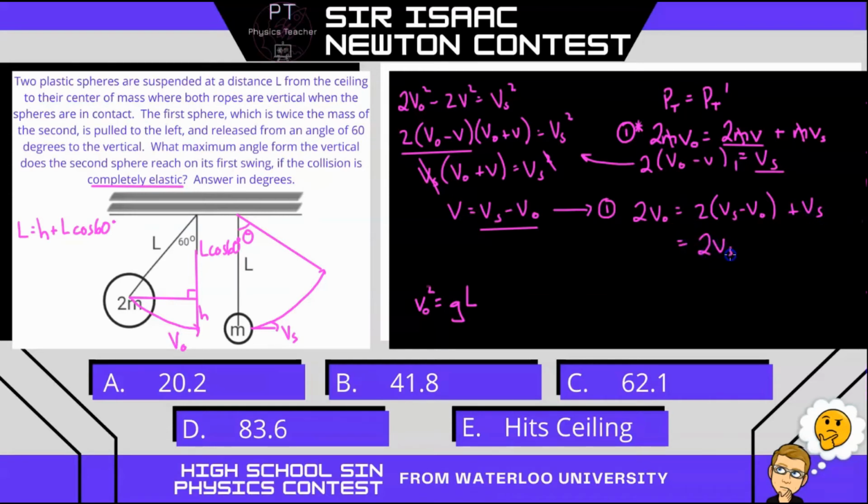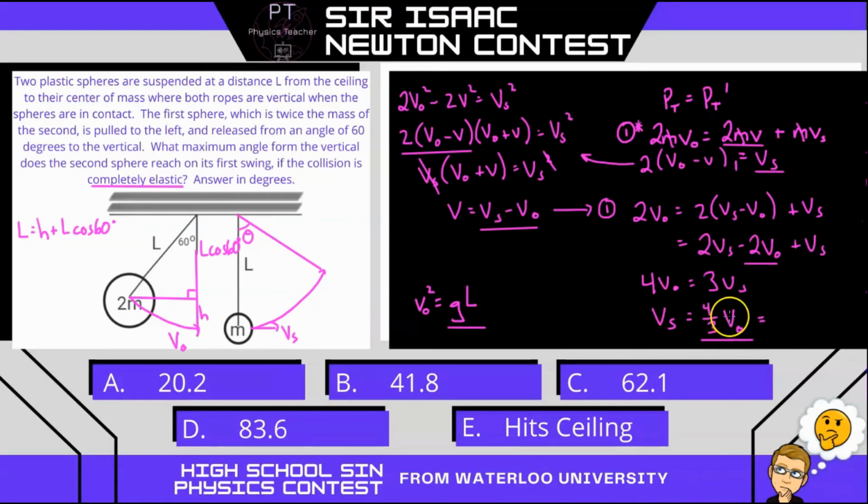We have 2 vs minus 2 v naught plus vs. Collect like terms, so we have vs and vs, 3 vs. Bring this term to the other side, and that'll give us 4 v naught. So solving for vs then, we get vs equals 4/3 v naught.